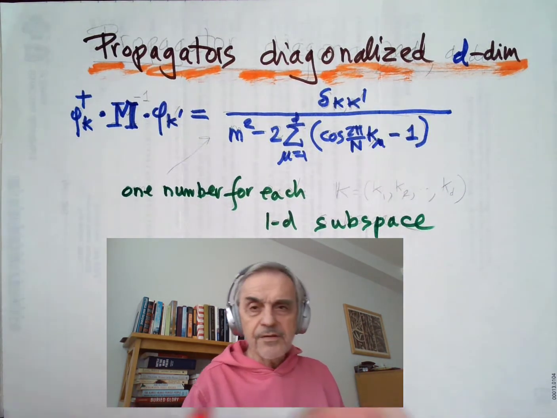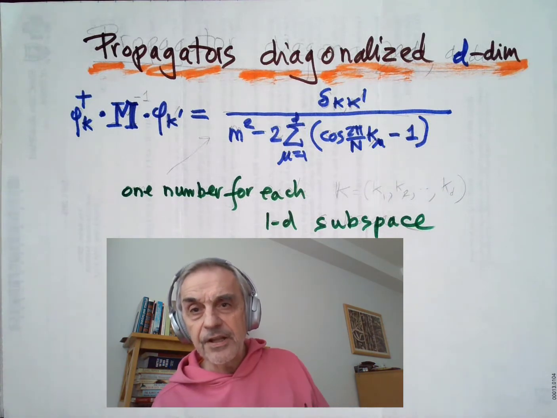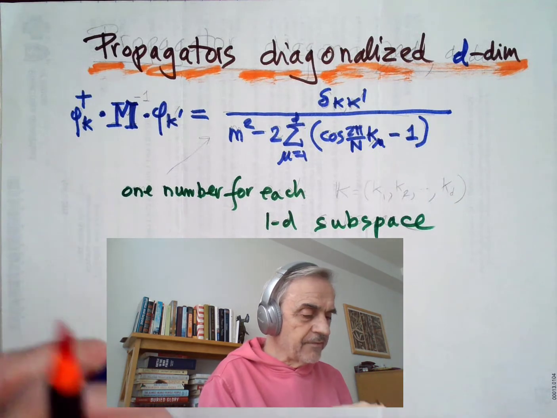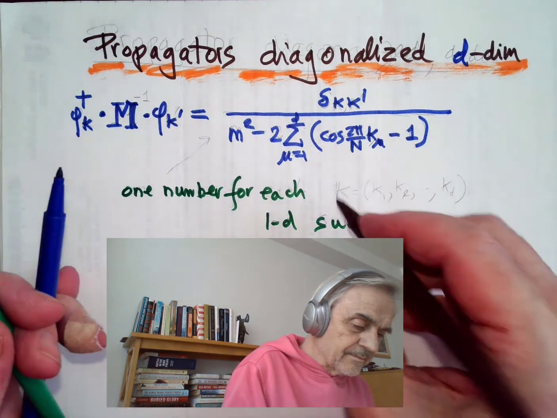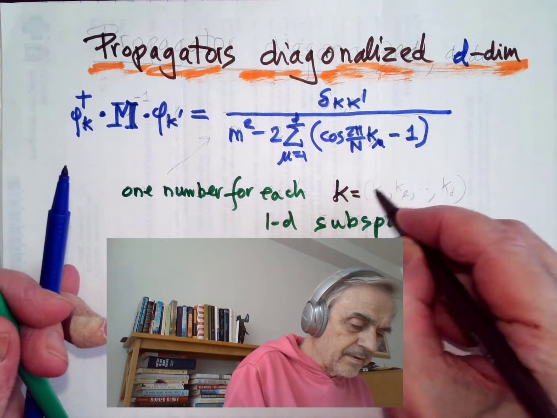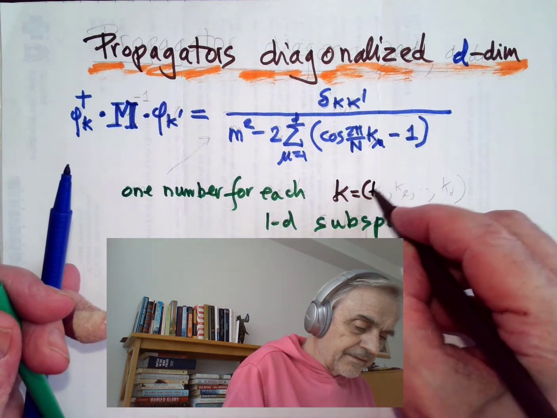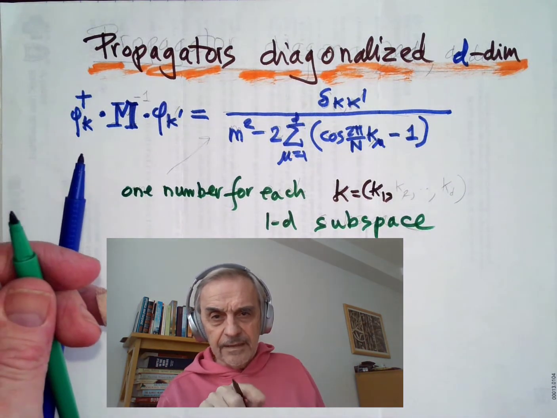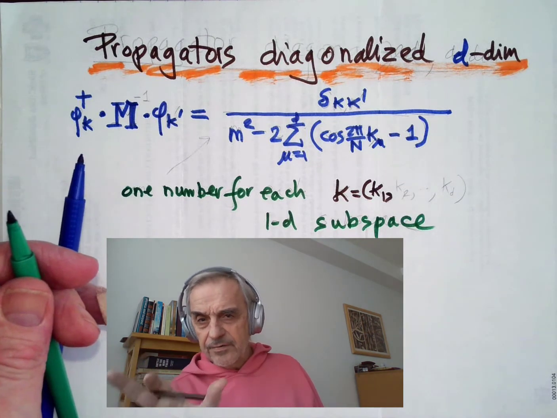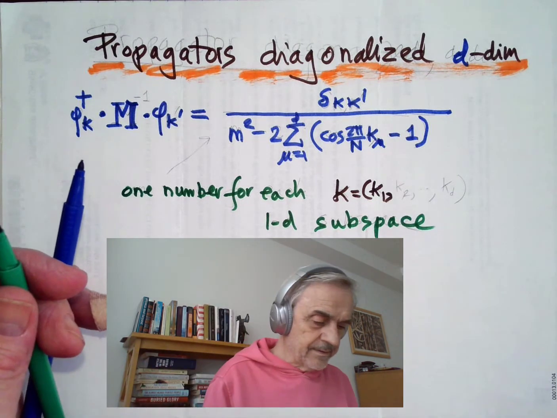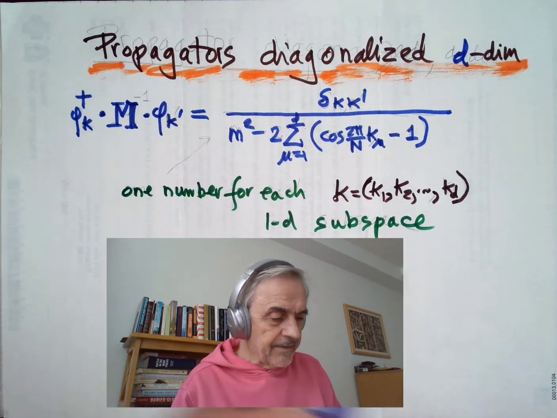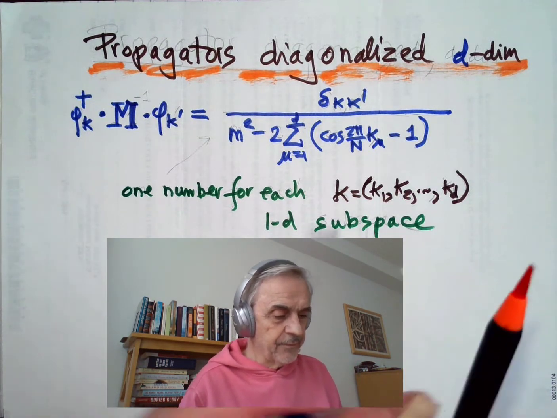While the original problem was in d spatial dimensions, the Fourier transform problem is characterized by what's called a wave number, a set of integers, which will be interpreted, when you get into the continuum, as how many wiggles I have over the interval that I'm working on. And that's the glory of Fourier transforms.